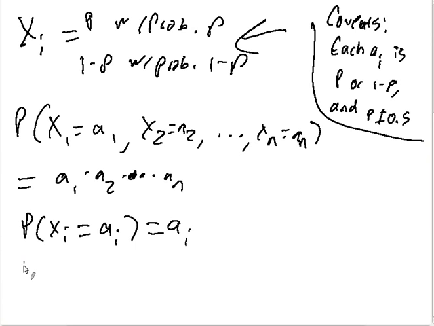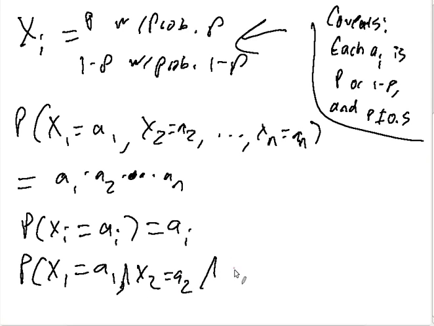Okay, what's left is just applying independence. The probability x sub 1 equals a sub 1 and x sub 2 equals a sub 2, maybe I should write with this wedge, and x sub n equals a sub n.